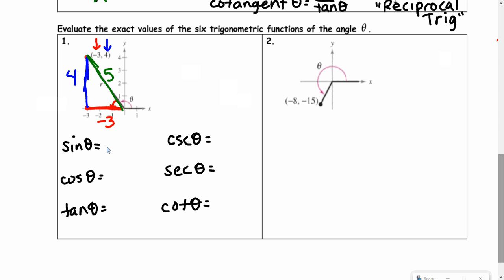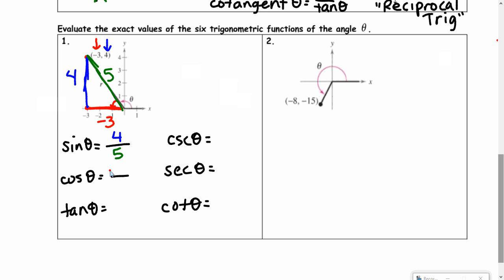So I can either do the Pythagorean theorem or just know what it is. So the sine is the opposite over the hypotenuse. So the sine is 4 over 5. Again, you can think of it like opposite over hypotenuse or as y over r. It's the same thing. Okay. The cosine is the adjacent over the hypotenuse.